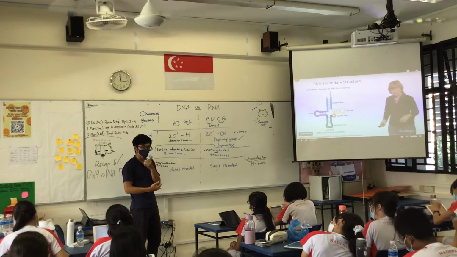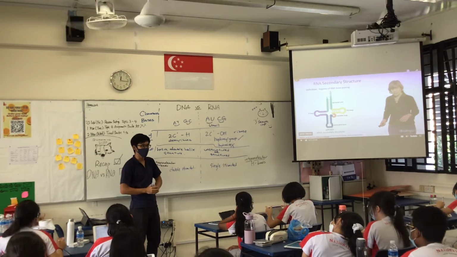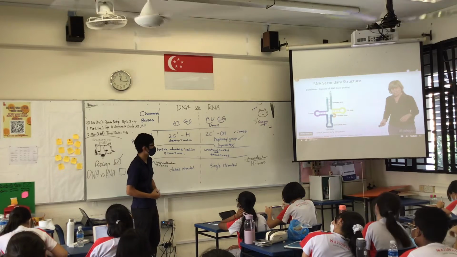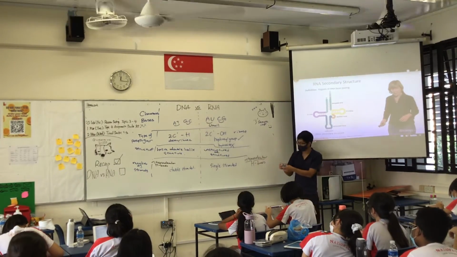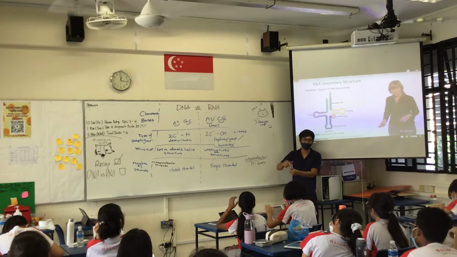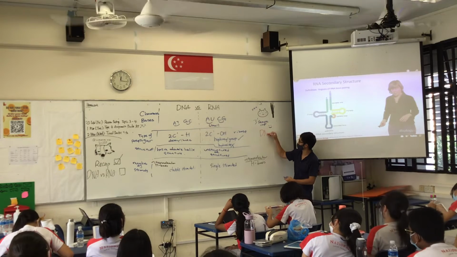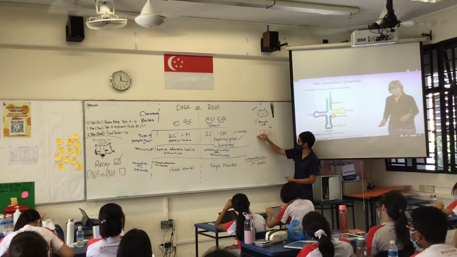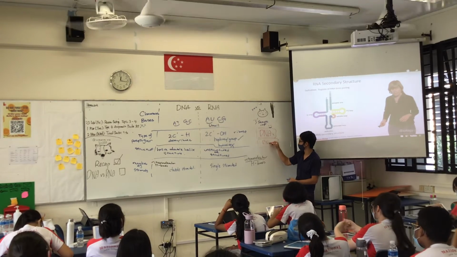Alternatively, if you do not want to draw a table, it's fine for you to still compare the points. Now, I want to say something as I'm marking your carbohydrates TE. I noticed that many of us like to compare paragraph by paragraph. What do I mean by that? They will lump all the characteristics related to DNA in one paragraph, and then all the characteristics of RNA in another paragraph.